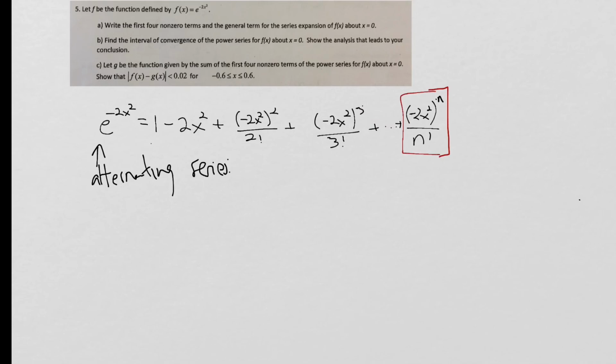So I'm going to write the absolute value of a sub 5 is equal to, it's the next term, so that would actually be n equal to 4, because notice this is n equal to 0.